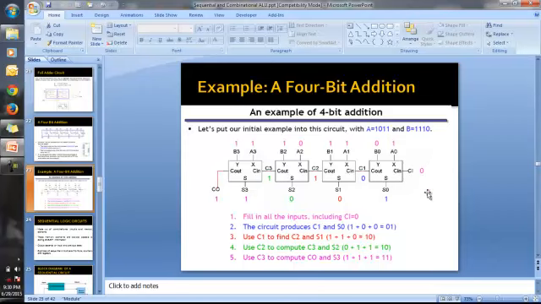Initially I have the carry as 0, and the first bit of A, starting from the right-hand side, is 1, and the first bit of B is 0. If I perform addition I get the value 1. I have no carry here, so C1 holds the value 0. Respectively I will add all the bits, and finally I get the carry out as 1.